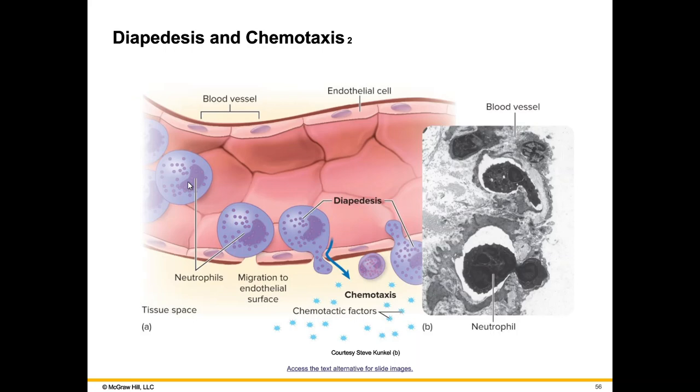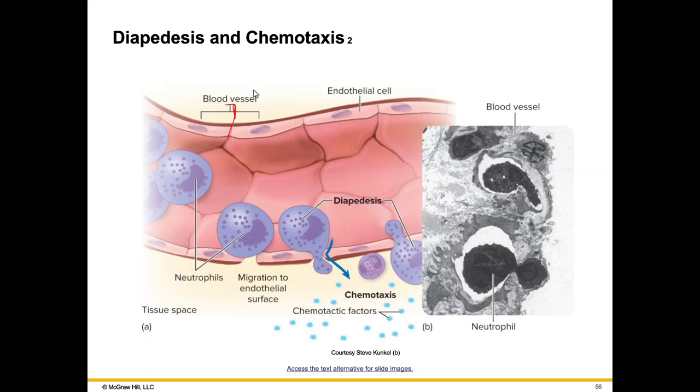All right, let's look at a picture. So here what we're seeing is a blood vessel. You can see it's made up of a single layer of cells that we call endothelial cells. And here we see the white blood cells, and you can see them literally squeezing themselves in between the spaces that exist between the cells of the blood vessel. They're forcing themselves out.